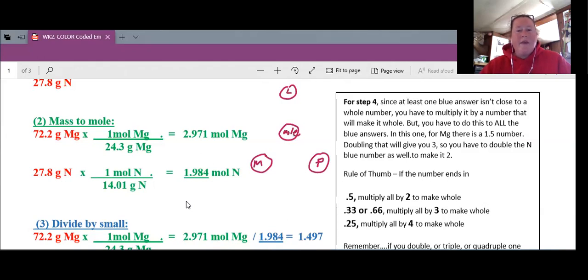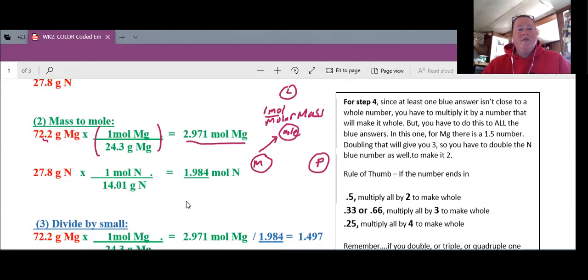To go from mass to moles, the conversion factor is 1 mole over the molar mass. So what I'm doing here is using that conversion factor. The molar mass of magnesium is 24.3, and when I do the math in the calculator, 72.2 divided by 24.3 equals 2.971 moles of magnesium.